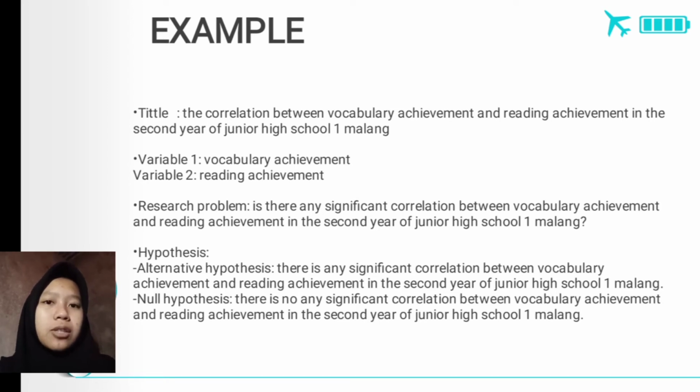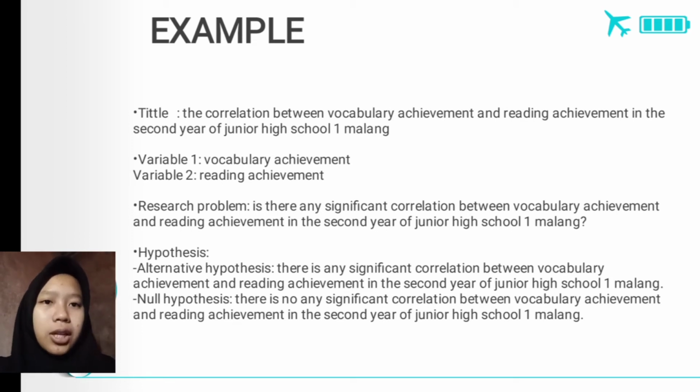So from the research problem, we can use two hypotheses. Hypothesis number 1 is the alternative hypothesis: there is a significant correlation between vocabulary achievement and reading achievement in the second year of junior high school 1 Malang.